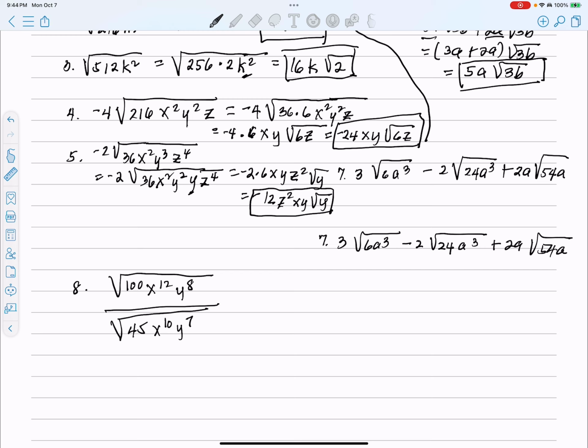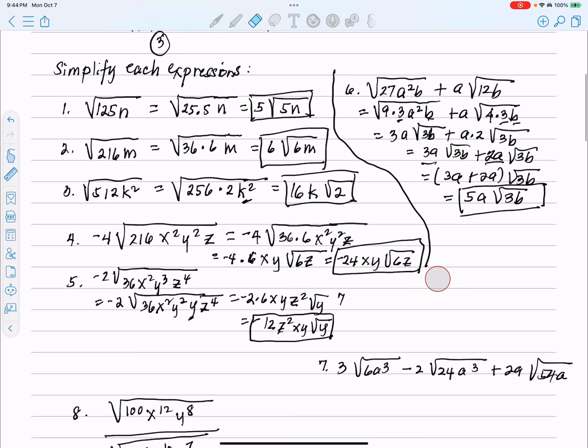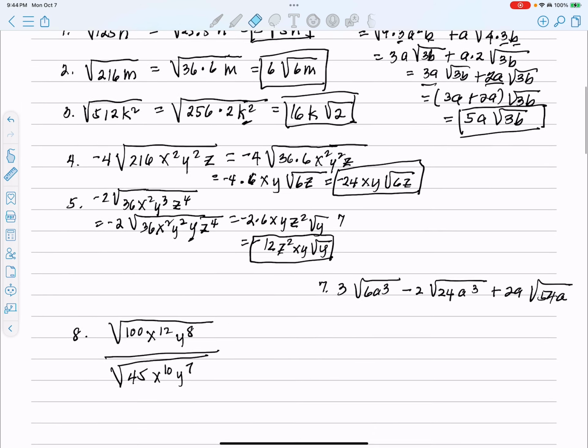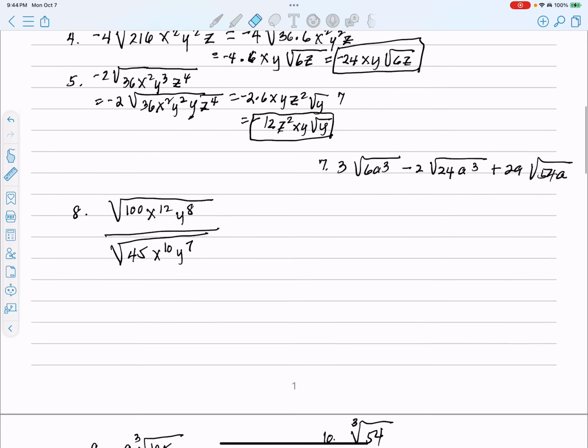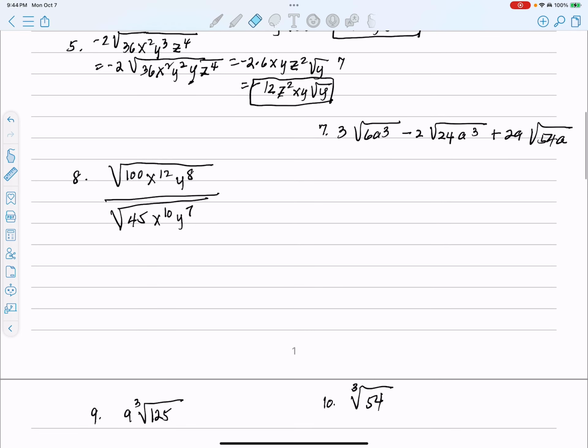Okay, I could erase this. I was not thinking of the right space. Okay, let's do this.